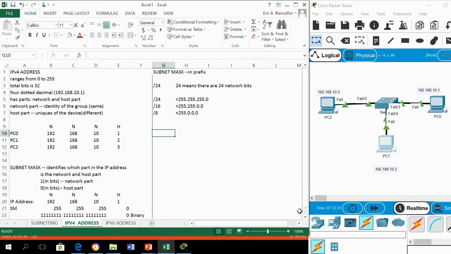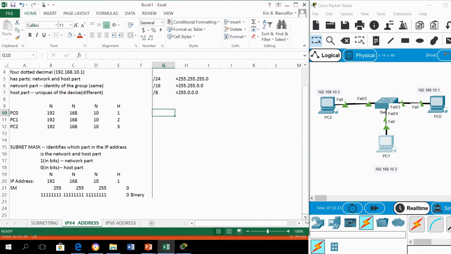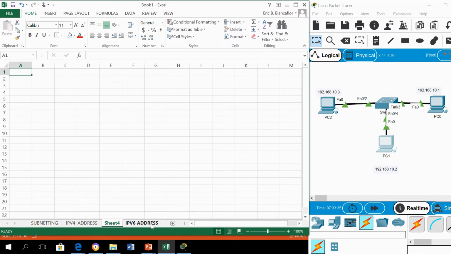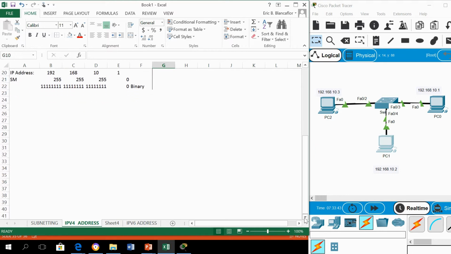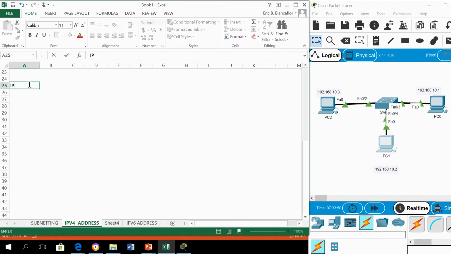Okay? So next is, I'll go back here first. Okay, I'll continue. I'll move on to the next topic, and that is IP address class. IPv4 addresses specifically are regulated by ICANN and IANA.